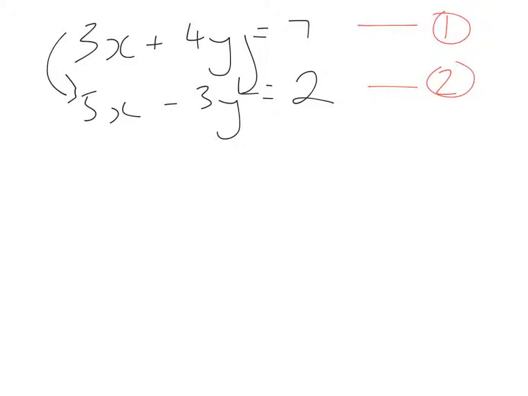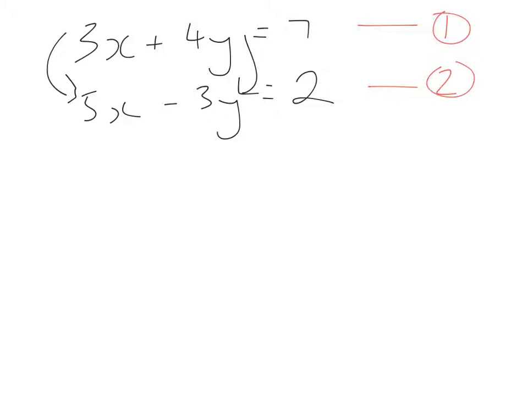So it doesn't matter which way you do it, but you have to make a match with x or with y. So I can't change 3 into 5, but what could I change them both into? 15. I can't change 3 into 4, but what could I change them both into? 12. Okay? So it doesn't matter which one you do, you'll get the same answer. I'm going to do the y's, I'm going to change them both into 12, just so we can do a plus minus one.